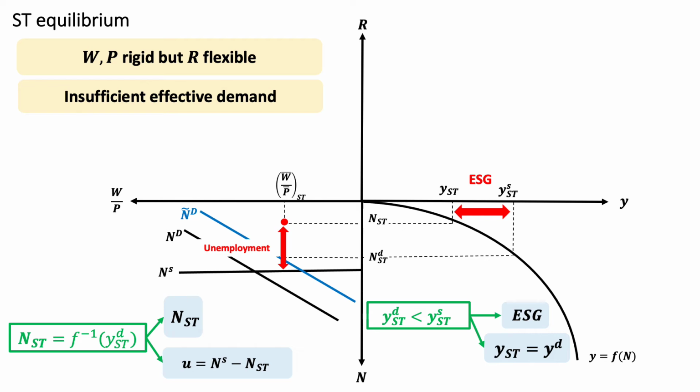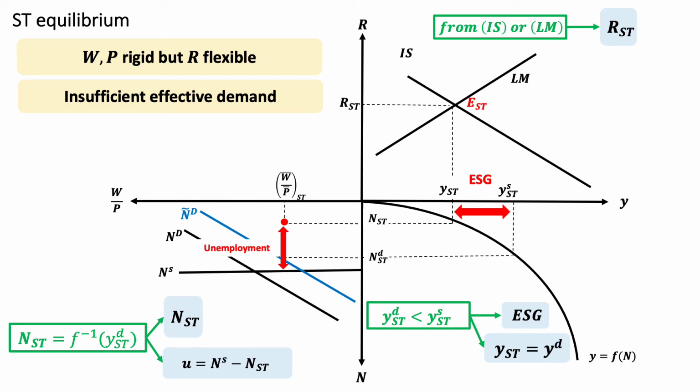The equilibrium is below the labor supply and also below the labor demand. Unemployment is high, higher than in the long-term equilibrium that we saw in the previous slide. The equilibrium interest rate is then deducted from IS or LM, and we have all our endogenous variables calculated and represented in the graph.